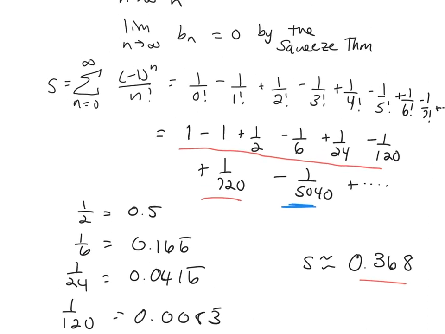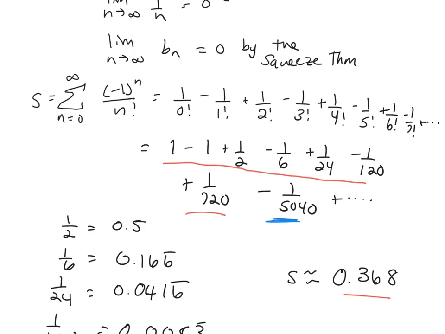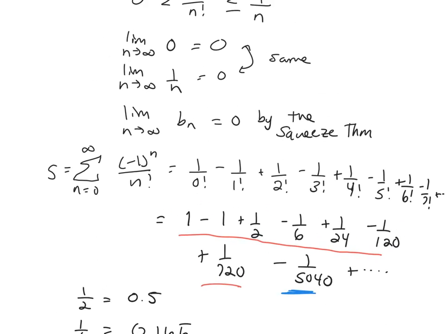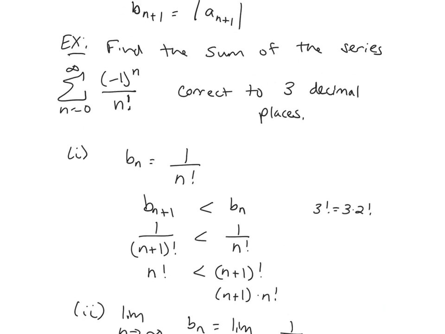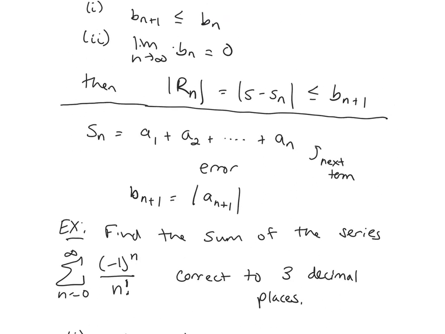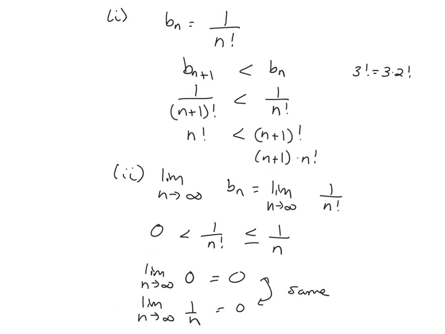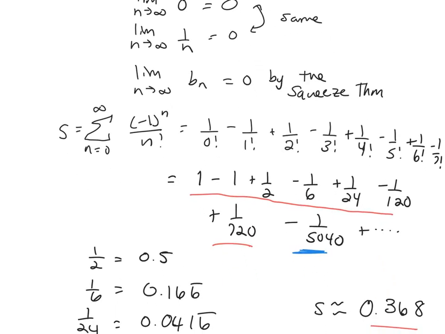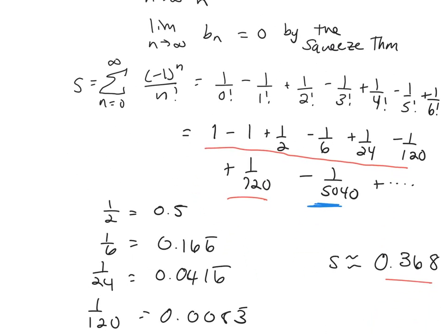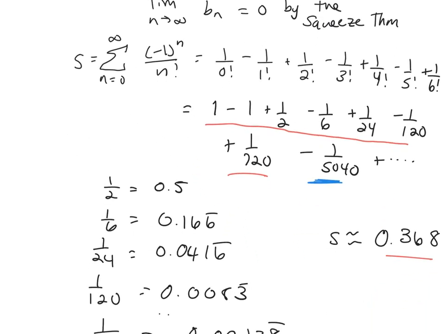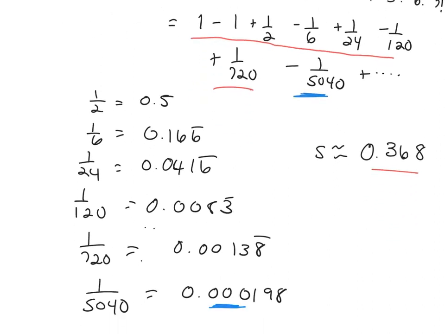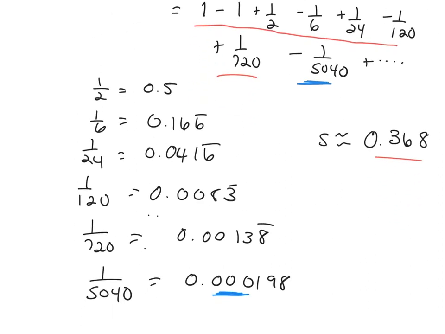And so the way alternating series work is that this theorem up here tells me that my error comes from the next term that I didn't add. Okay? So I look here, and that's what I'm trying to figure out, which term is going to give me an error that's within what I want.